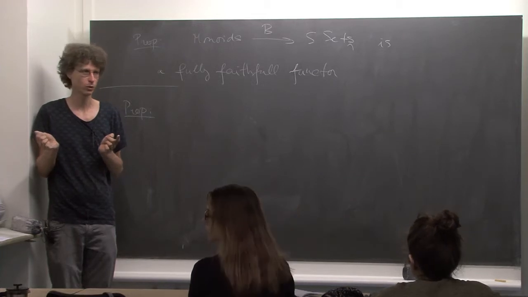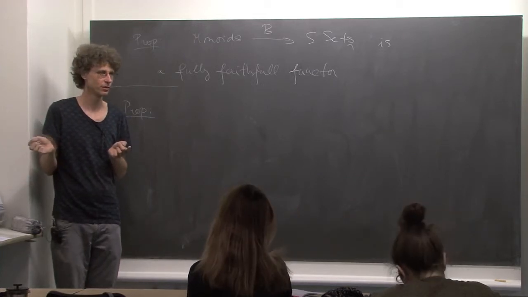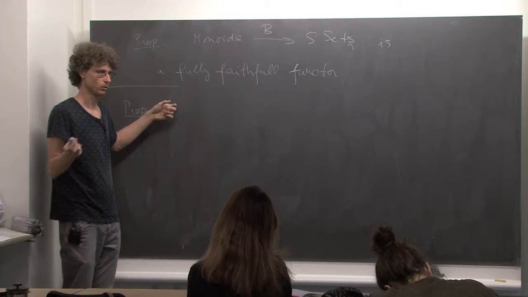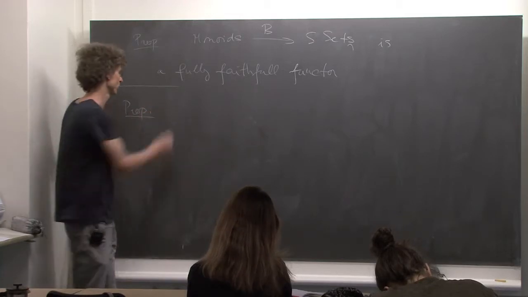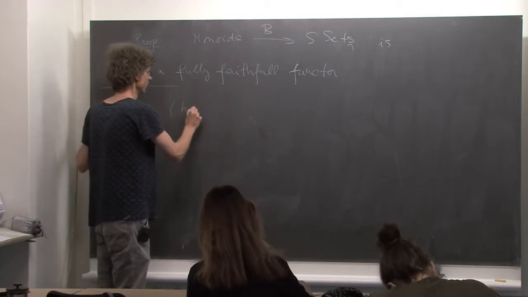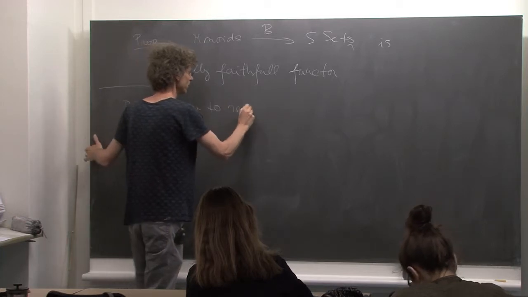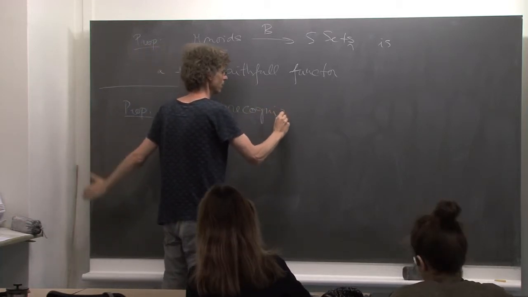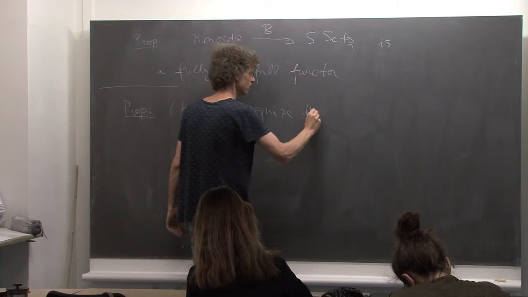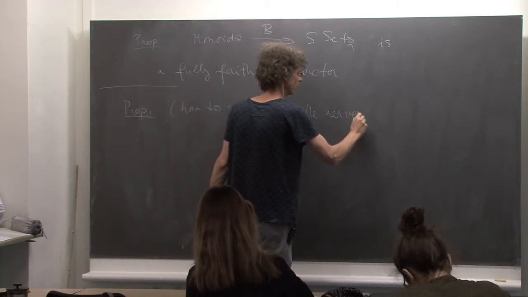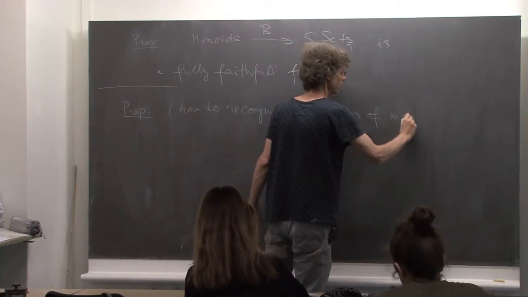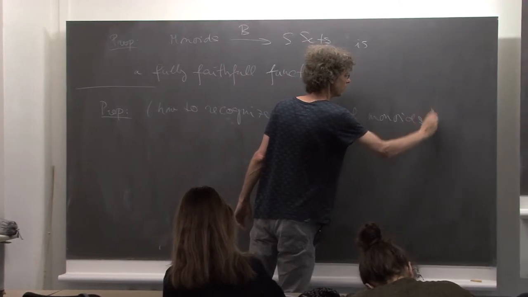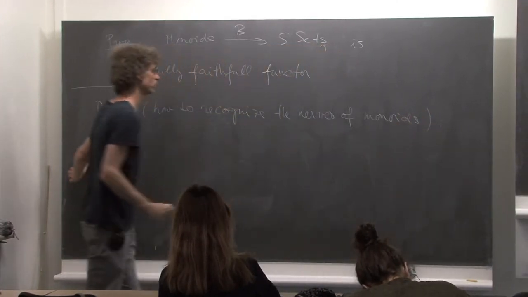There are simplicial sets which are not nerves of any monoids, so we need a proposition: how to recognize the nerves of monoids.